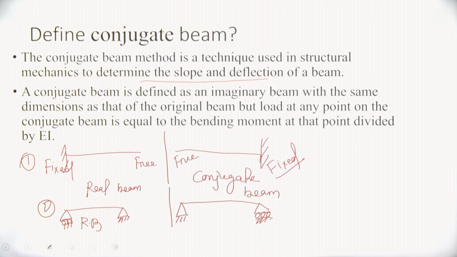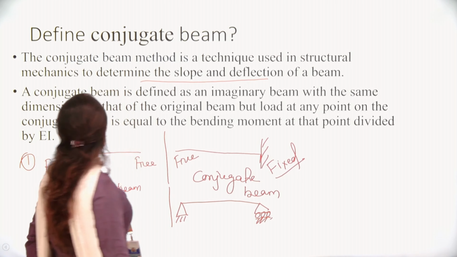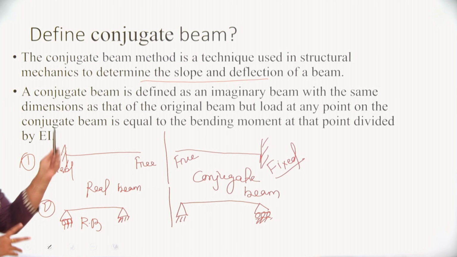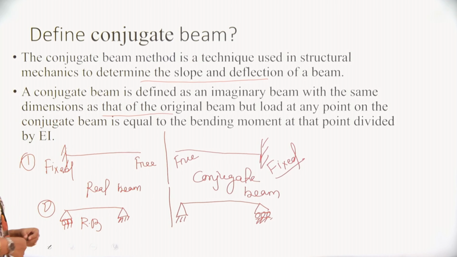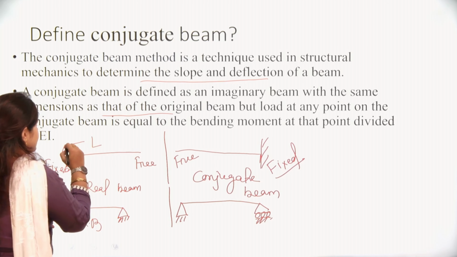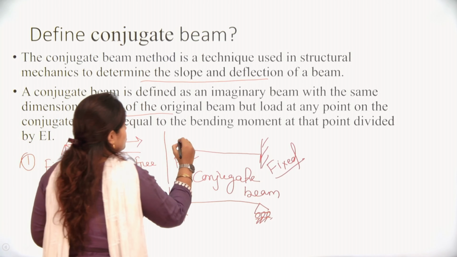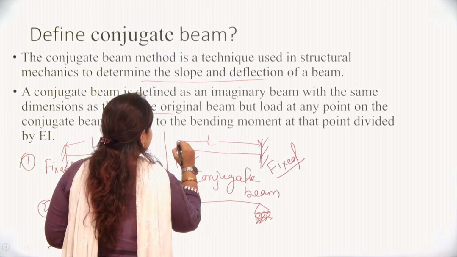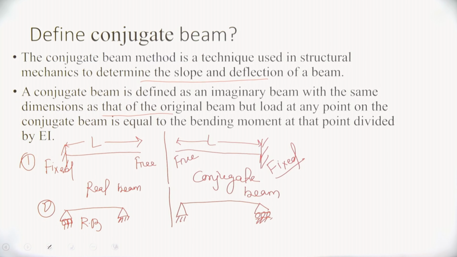So, the conjugate beam is defined as an imaginary beam with the same dimensions as the original beam. The dimension will not change. If the length of the beam here is L, this length is also L. But the load at any point on the conjugate beam is equal to the bending moment at that point divided by EI.